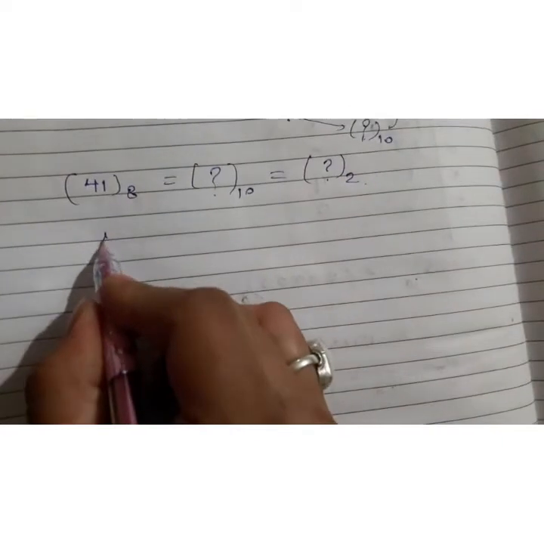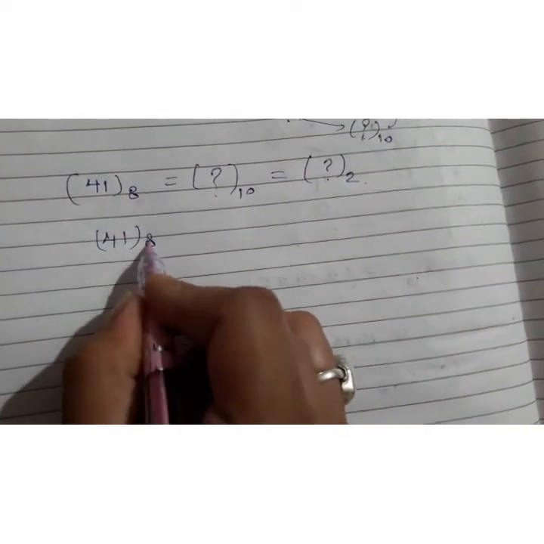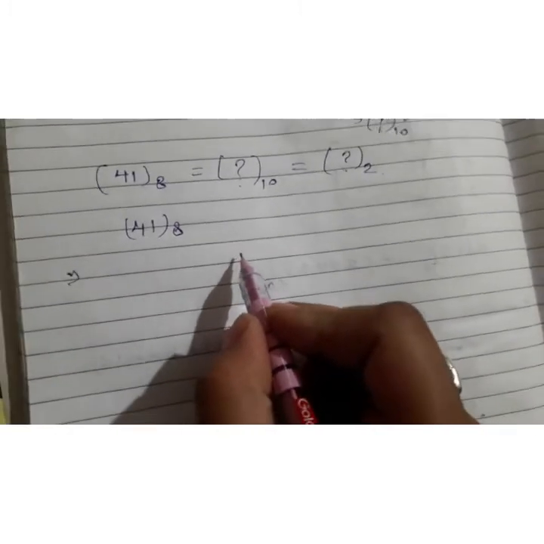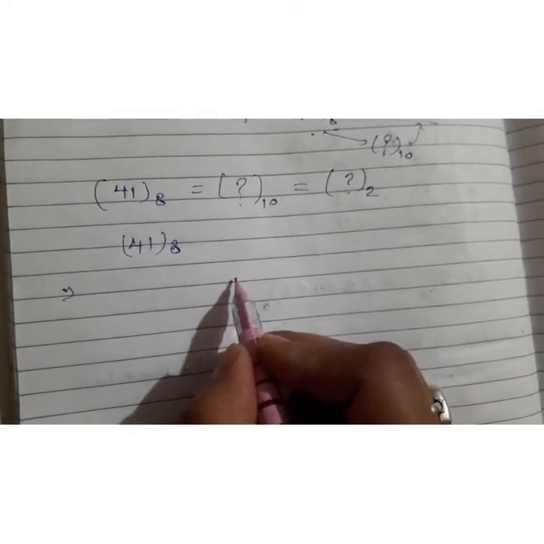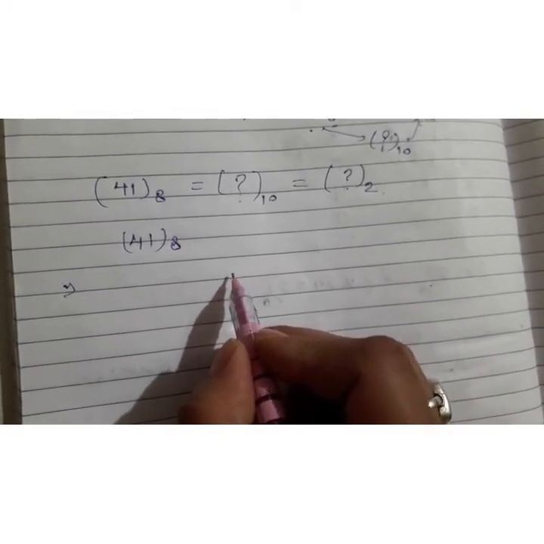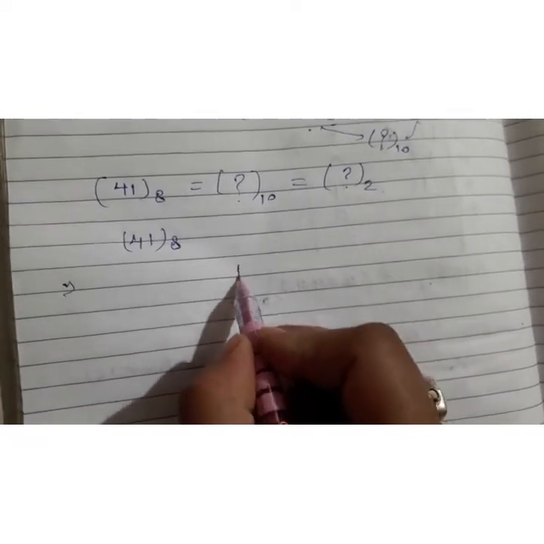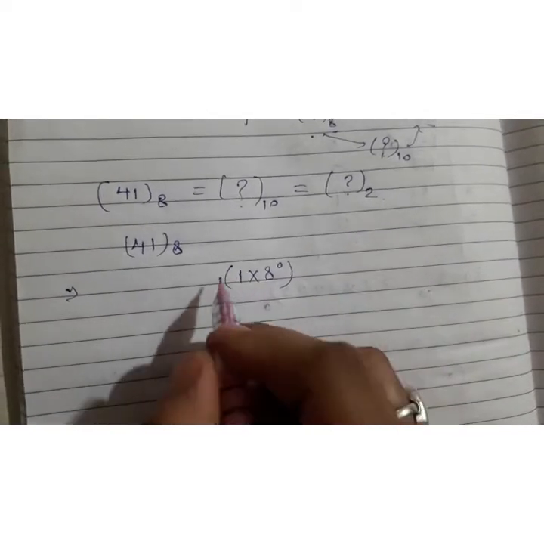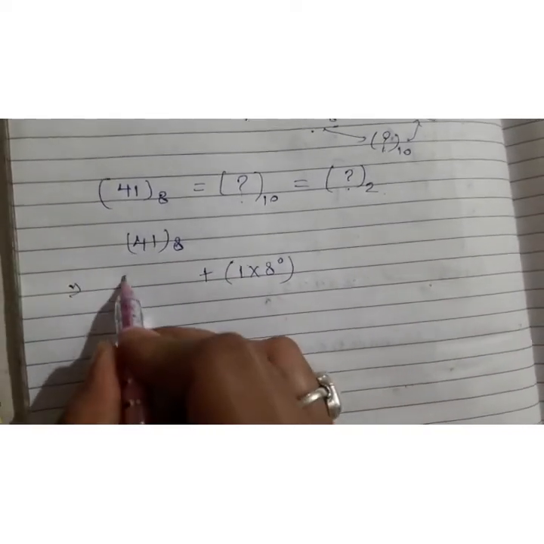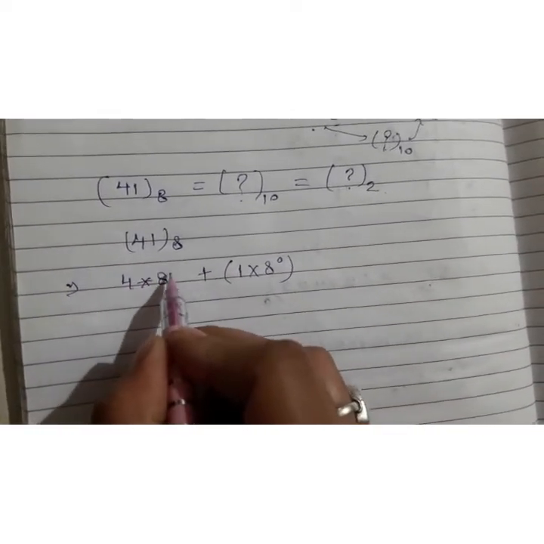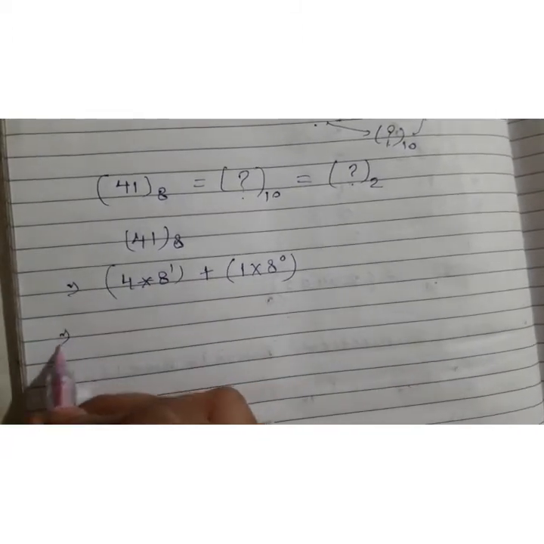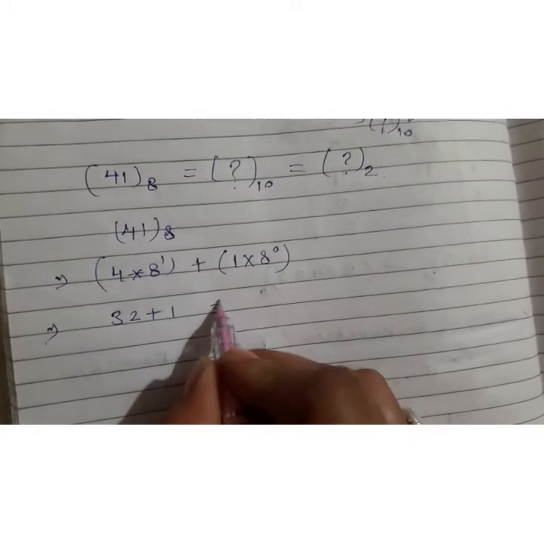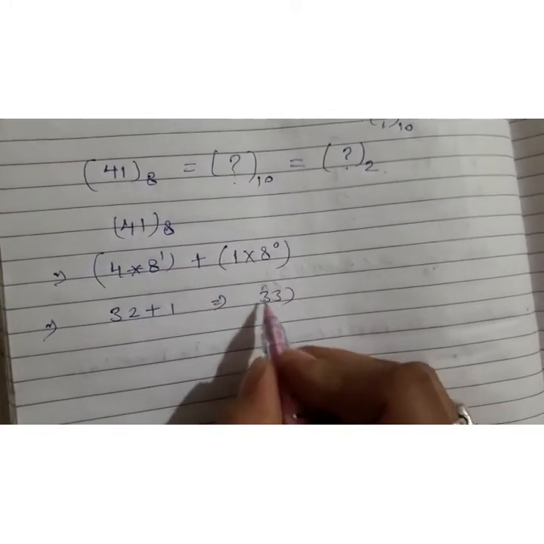So 41 in base 8 is equal to, from the rightmost digit to the leftmost digit, we need to write 1 into 8 to the power 0, just like we did in binary, and 4 into 8 to the power 1. Here it comes 32 plus 1 is equal to 33.